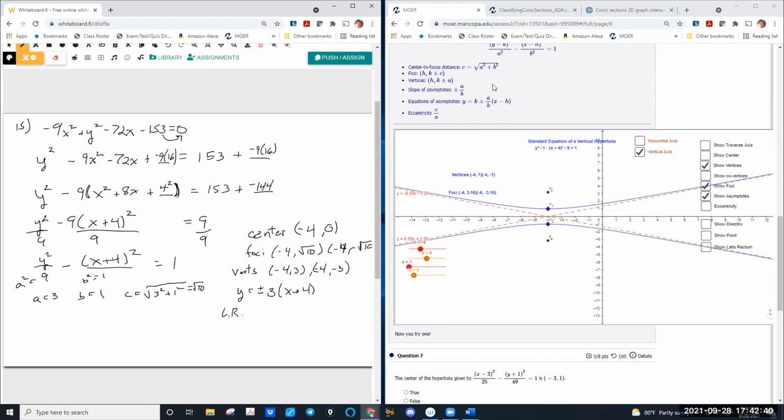The latus rectum, and I actually don't have it on the list because I'm not going to make you find too many of them, but the latus rectum for a hyperbola that has a vertical axis is, again, not a formula you have to memorize, 2b squared over a. B is 1, a is 3. So 2 times 1 squared over 3.